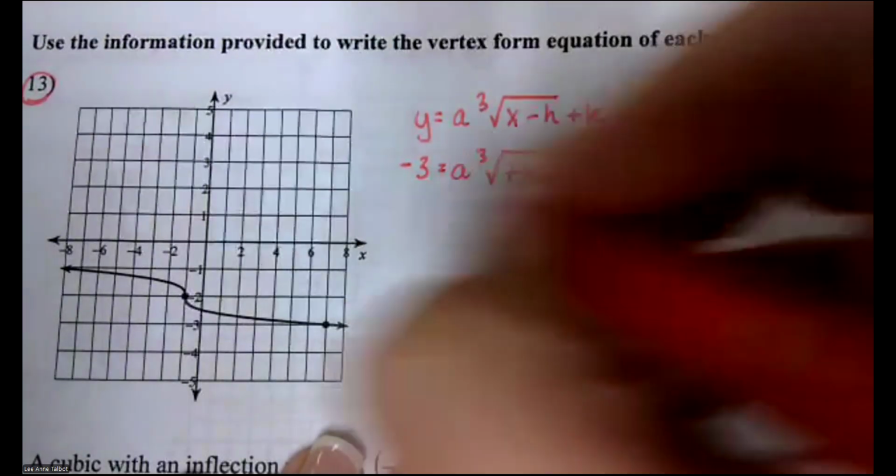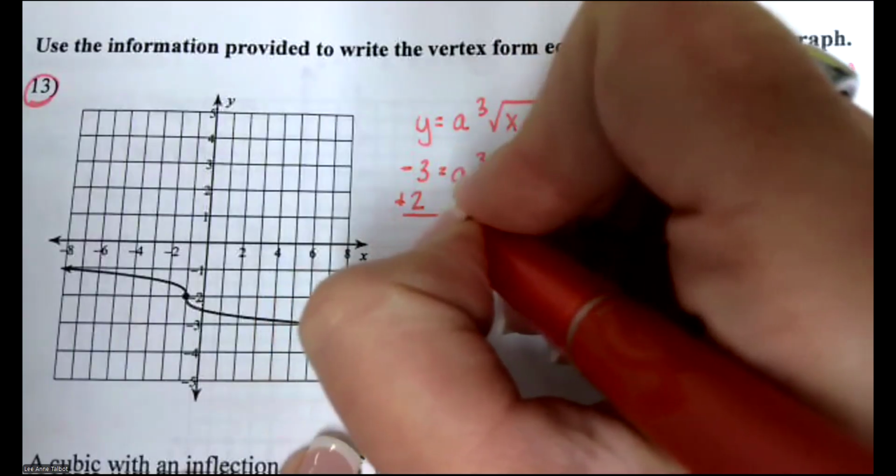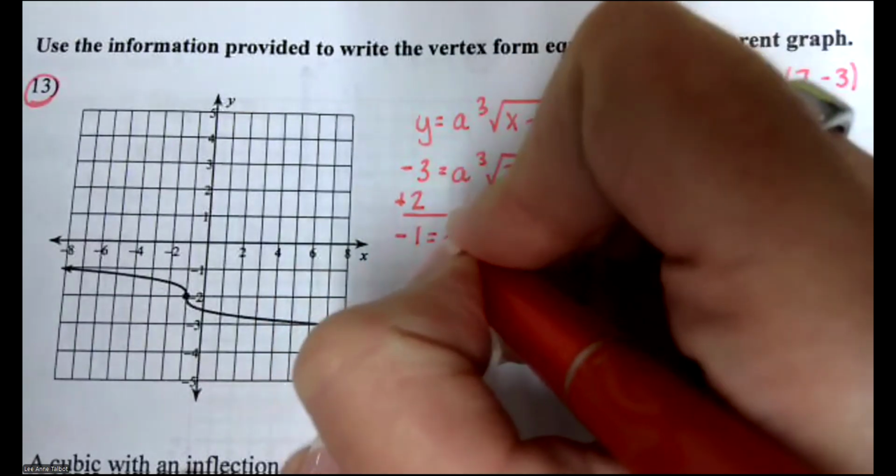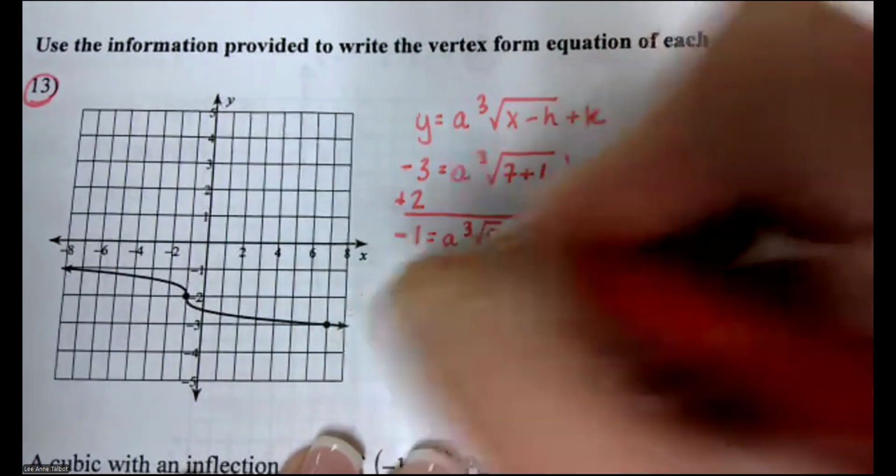Okay, I like to rescue the 2. -1 equals a times the cube root of 8.